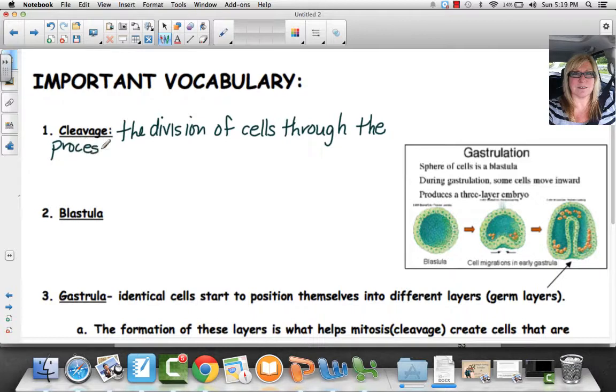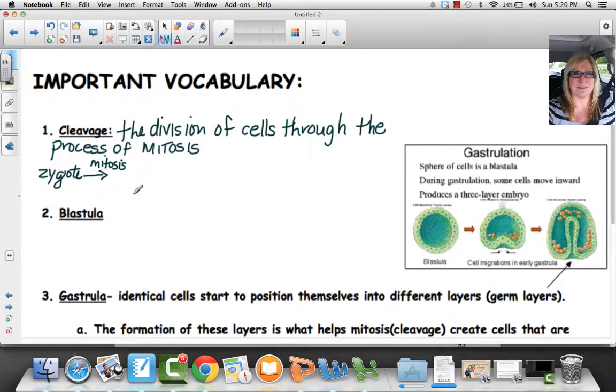And you should have learned this already or been introduced to it when we studied our vocabulary terms for this unit. So what happens is we have the zygote, which you know is the fertilized egg, and then it undergoes mitosis.